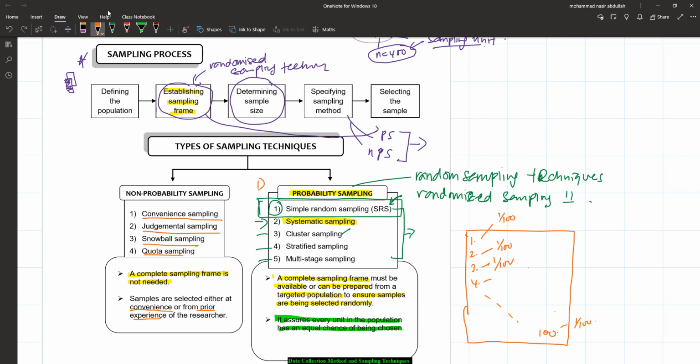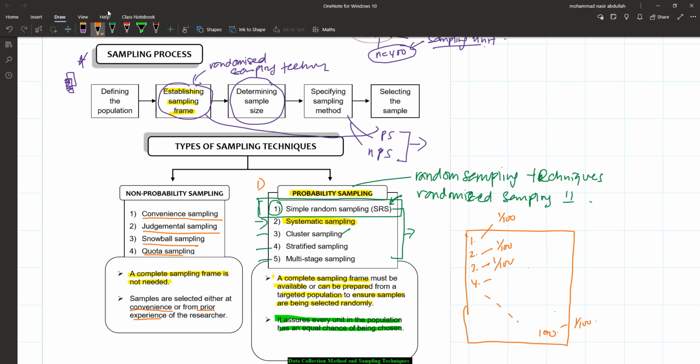Dia tanya which brand customer suka. So dia duduk depan kedai runcit, siapa-siapa yang beli rokok, dia tanya soalan. At their convenience, right? Tak ada langsung element of randomness. So that's why non-probability sampling techniques is not preferable because it does not really represent the whole population.